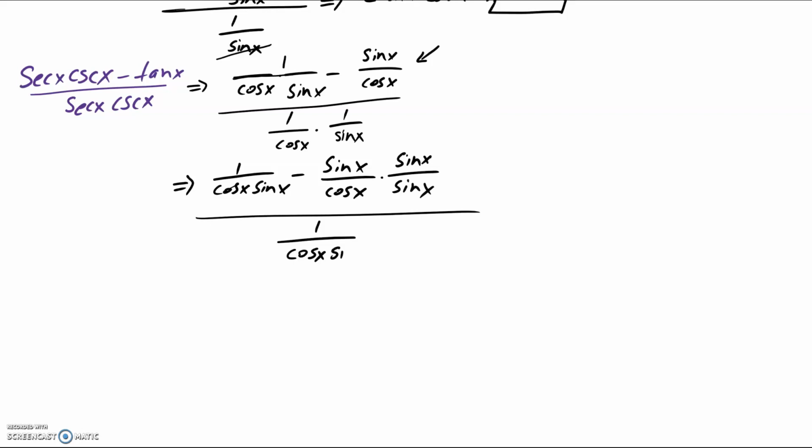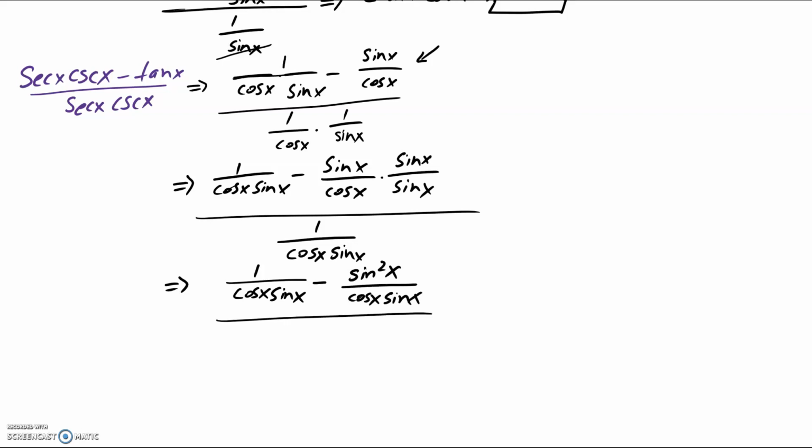We are going to have sin x. Okay, now in the numerator we have fractions, and the fractions have the same denominator. We will combine them, and they're going to be 1 over cos x sin x minus sin squared x over cos x sin x, over 1 over cos x sin x.